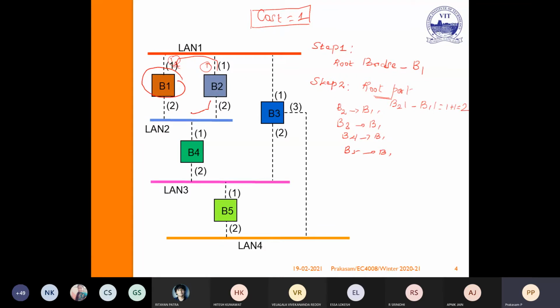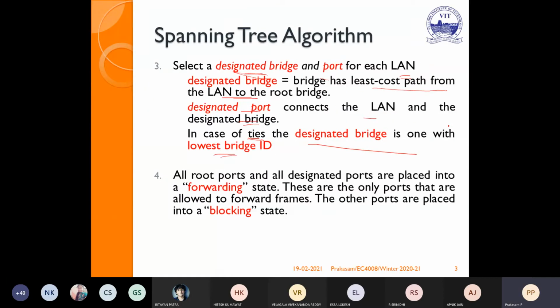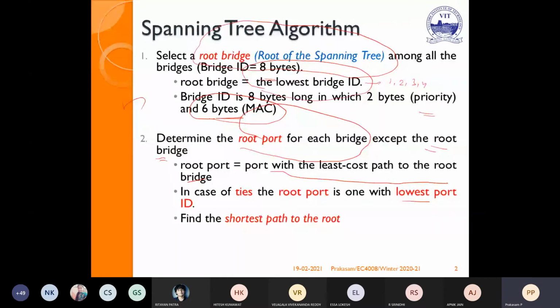Similarly, if you are going in this direction, here the cost is 1, here 1, so the total cost is 2. So the cost is 1 plus 1, equal to 2. Now, if the tie is happening, the root port is the one with the lowest port ID.